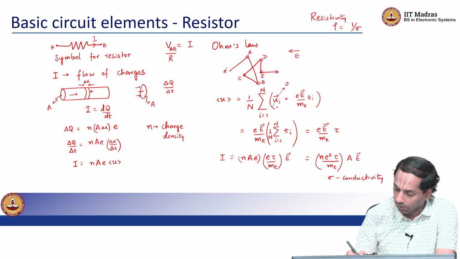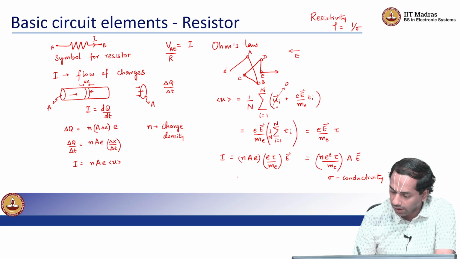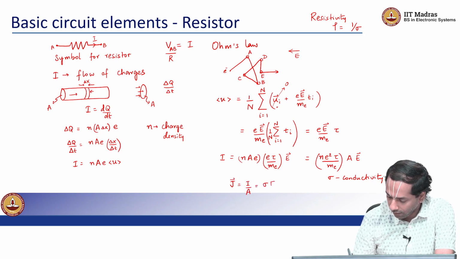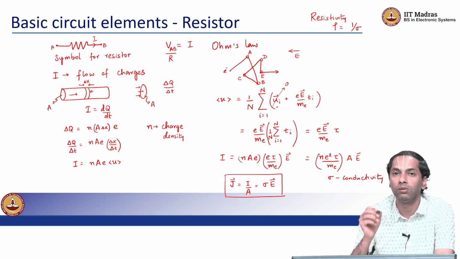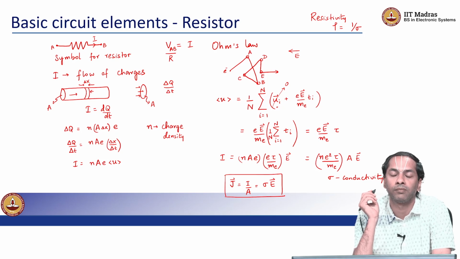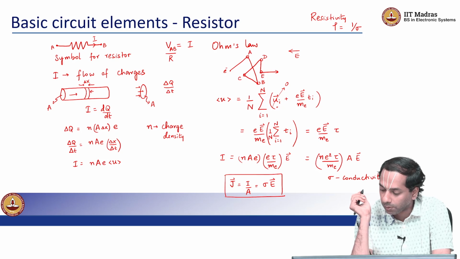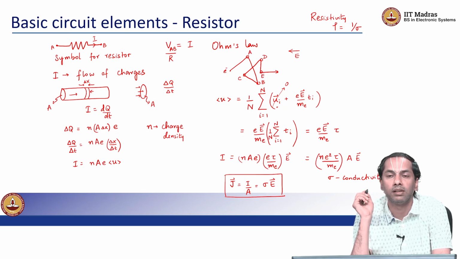A more popular way is to rearrange and take the area to the left hand side and say that the current density is proportional to the electric field. The constant of proportionality is the conductivity of the wire, and it depends on the charge density n, the value of charge on a single electron e, the mean scattering time, and the rest mass of the electron.